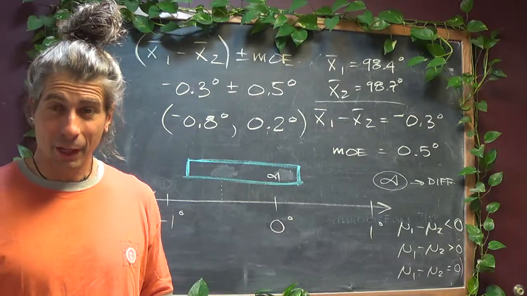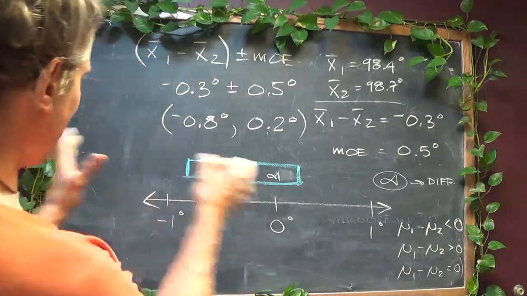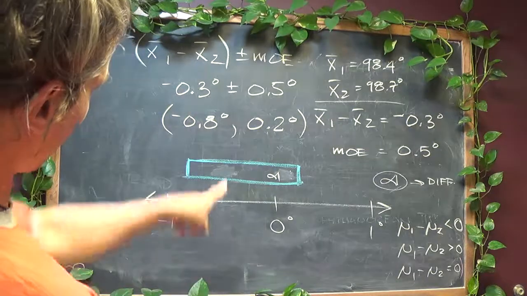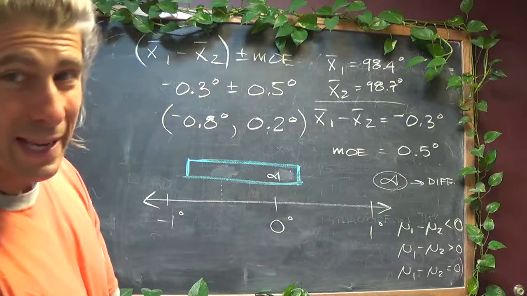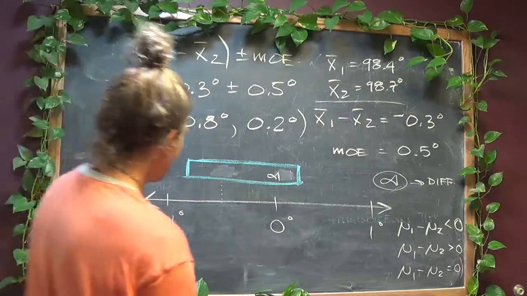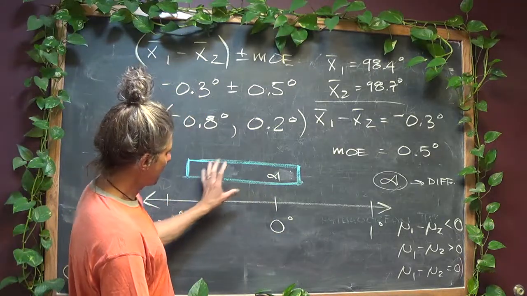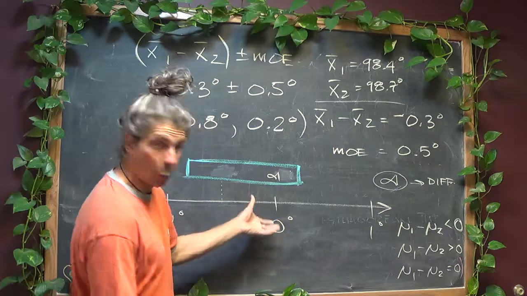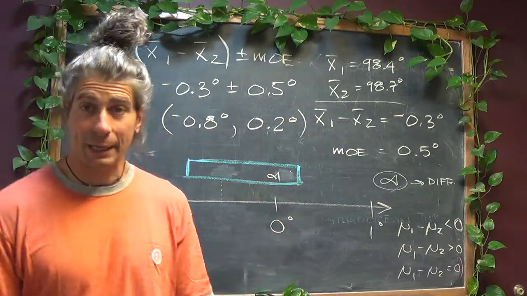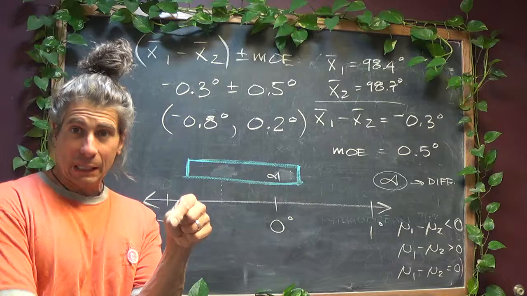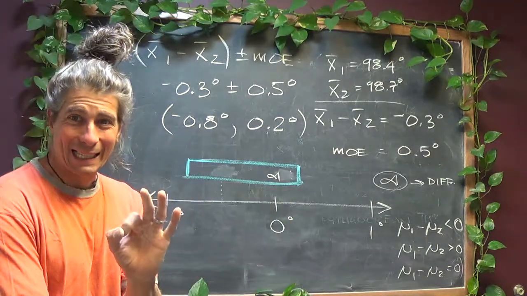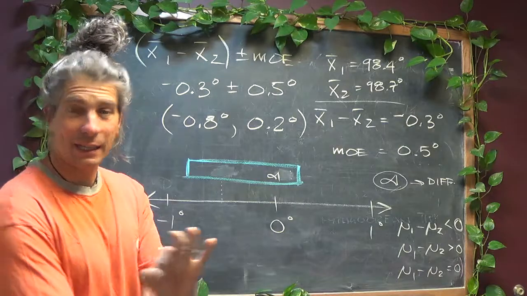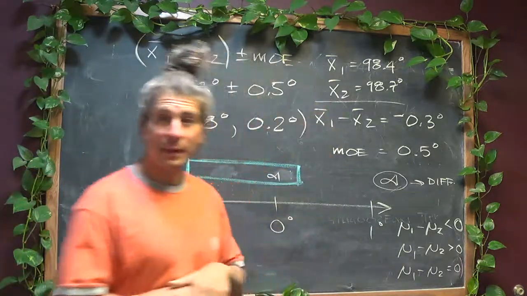So in other words, with an interval like this, where the fish can be anywhere from the left to the right and anywhere in between, we can't tell if it's on the negative side or the positive side or landing directly on 0, not on a side. That means that this confidence interval is not statistical evidence of a difference between these two things.